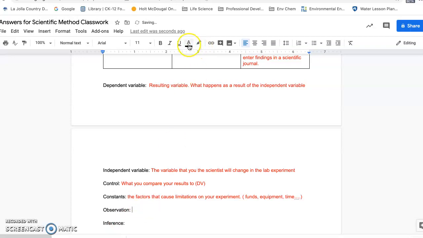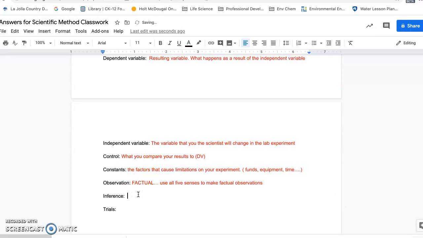The observation sometimes is confused because people don't understand it has to be factual. So you have to use all your 5 senses to make factual observations. Inferences oftentimes are considered your opinion, and it can be based on past experience.